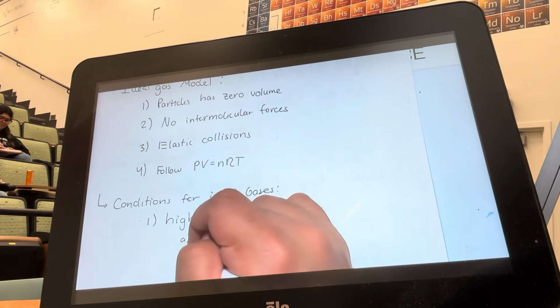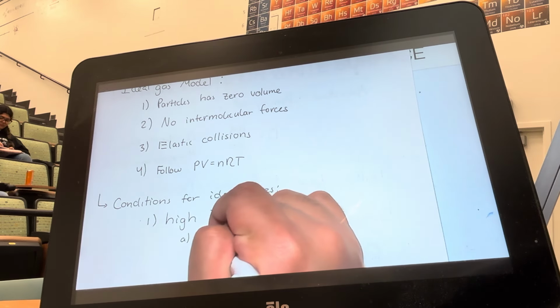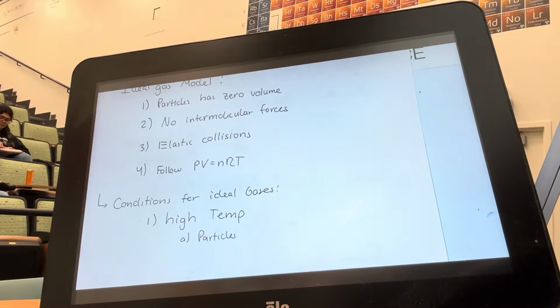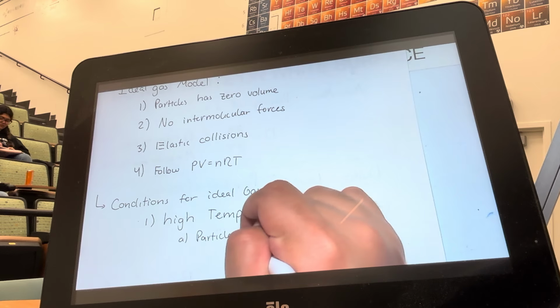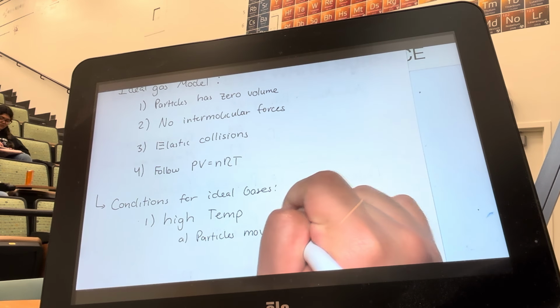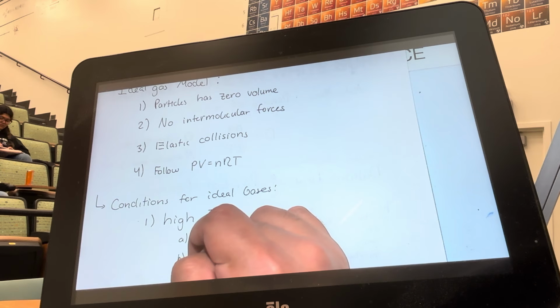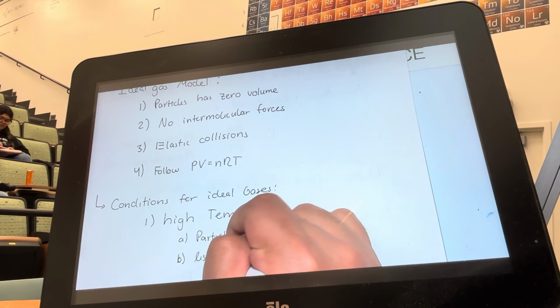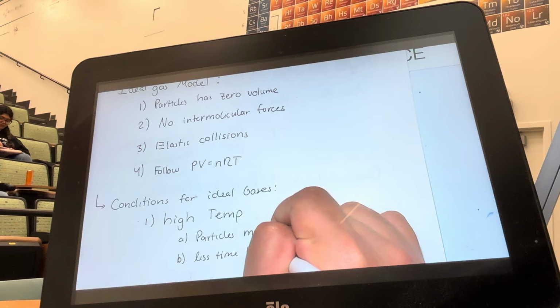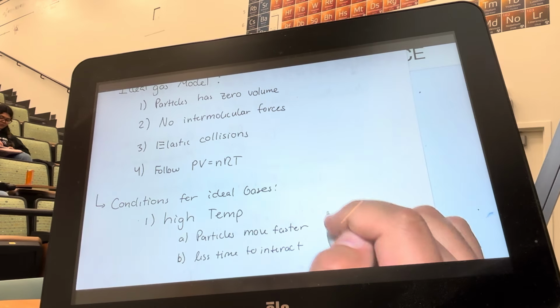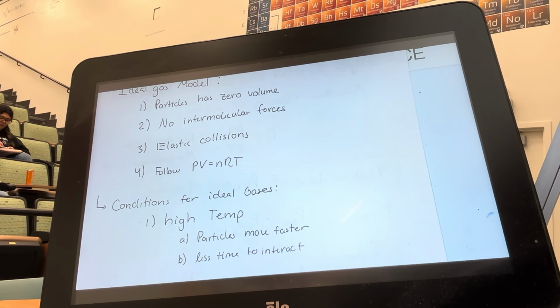Well, it's because particles move faster, right? We've already seen that average kinetic energy is based off of temperature. So particles move faster, and thus they also have less time to interact. If you're moving a lot faster, your collisions are more elastic and you don't really interact with anything. Okay, so those are the conditions for ideal gases.